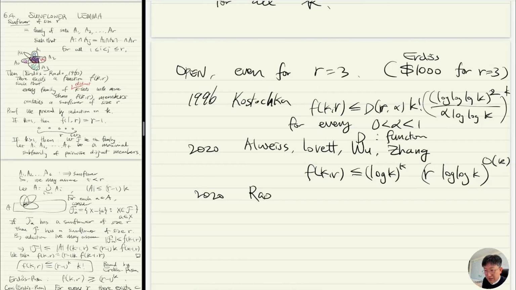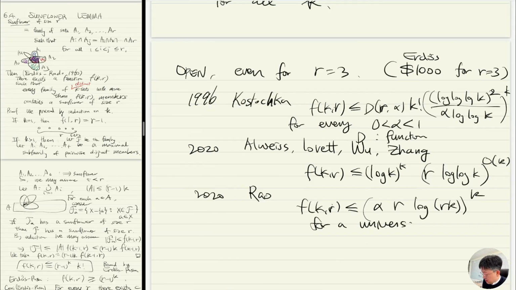Rao, I think he's a professor at University of Washington, improved this to the following: (alpha r log rk) to the k for a universal constant alpha.